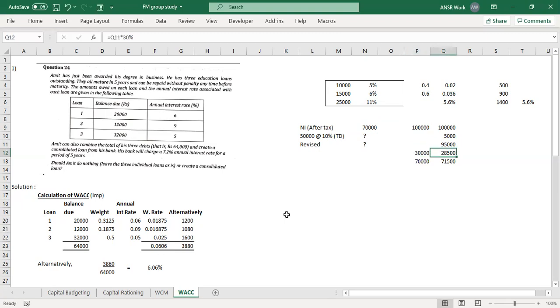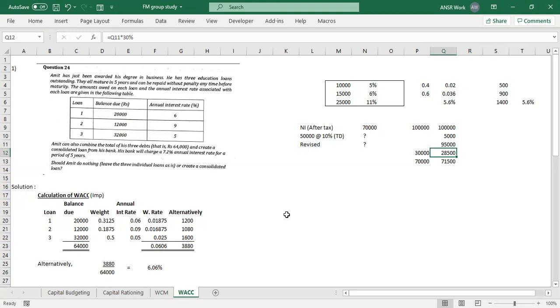So 5,000 will be the interest total, but we cannot just deduct it from net income, right? That's the whole logic of this exercise. The tax rate for this will be slightly different.